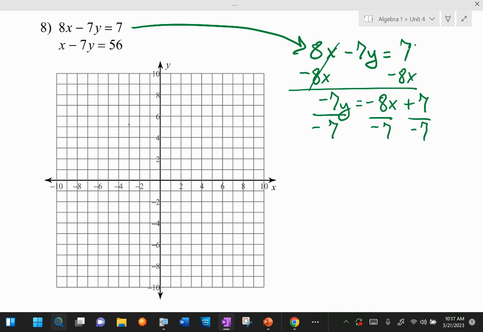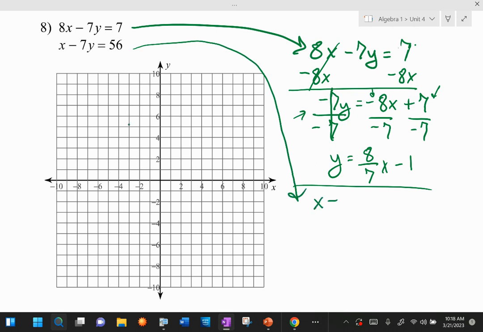So I'm dividing this by -7, this by -7, this by -7. You have to do it the whole way through. That should give you y equals 8 over 7 x minus 1. 7 divided by -7. Okay, so that's the first one.